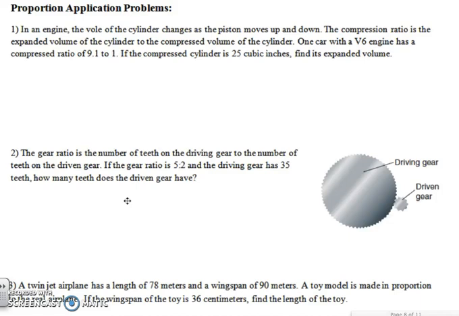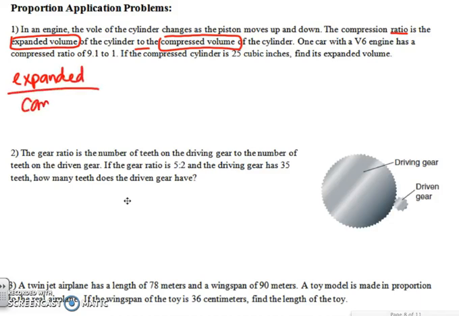Okay, so we're talking about two kinds of ratios. So here's our keyword. Ratio is expanded to the compressed. Okay, so if you look for those words, to the and ratio, it's going to help you out. So basically, we've got the expanded volume over the compressed volume.